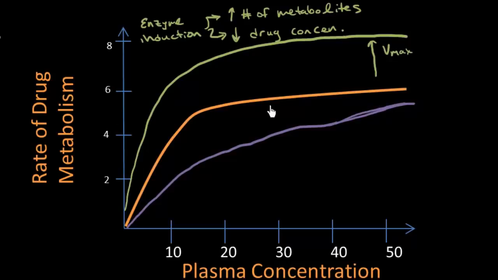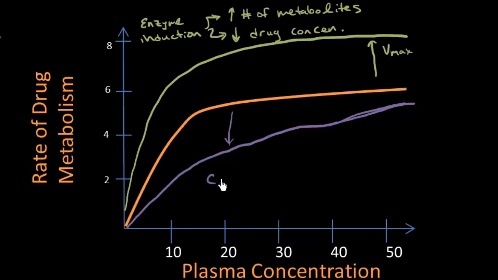So the orange is the control, the purple is that same drug in the presence of a competitive inhibitor. But the main point to notice is that at most of these plasma concentrations, the rate of drug metabolism has decreased. And there are two consequences of that.